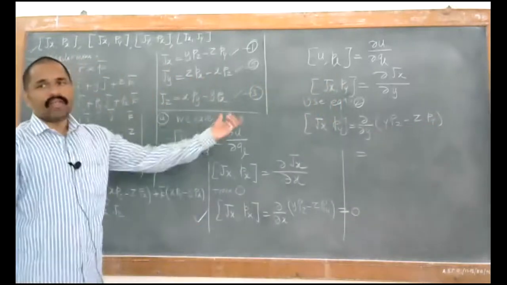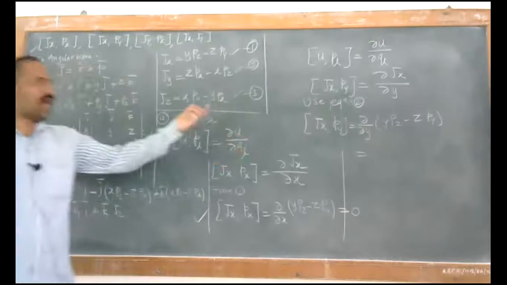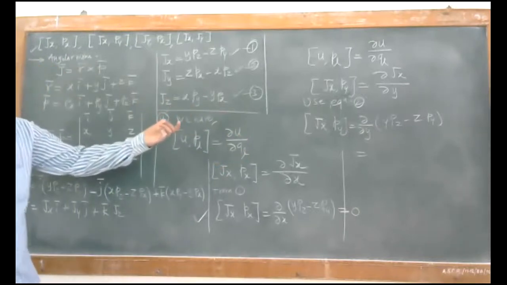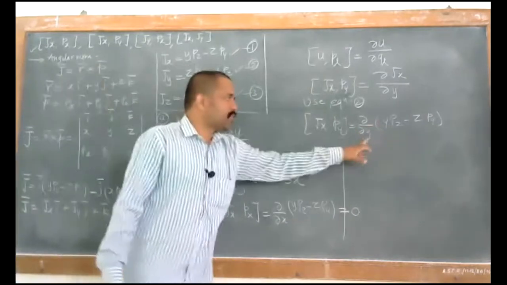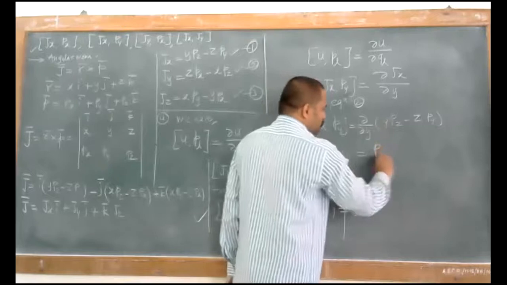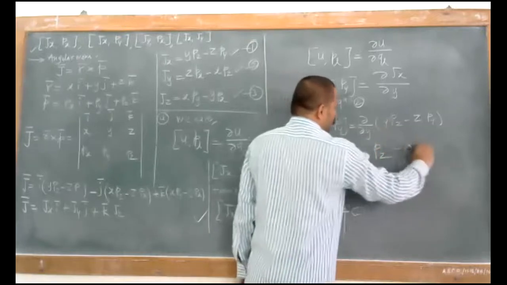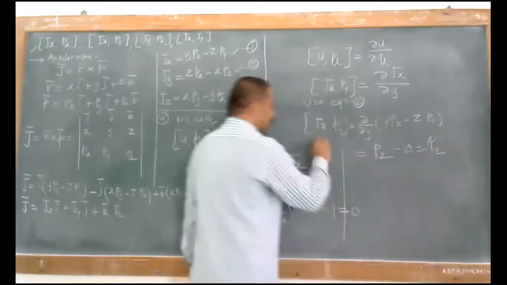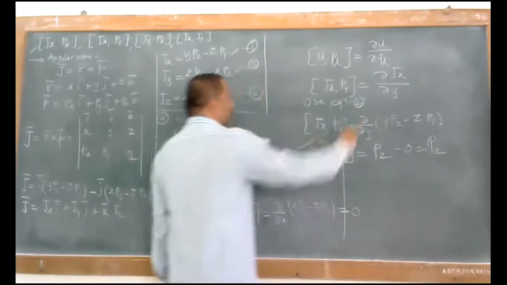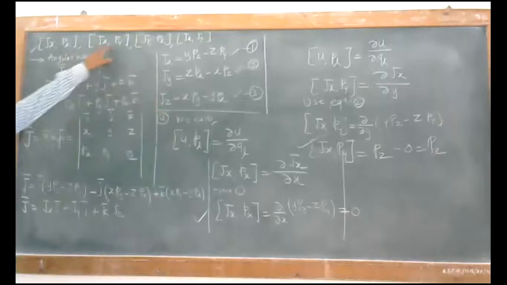This y varies with respect to y, so it is equal to 1, and you get pz minus 0. So we have the second result: the Poisson bracket of jx py is equal to pz. So this is your second result.